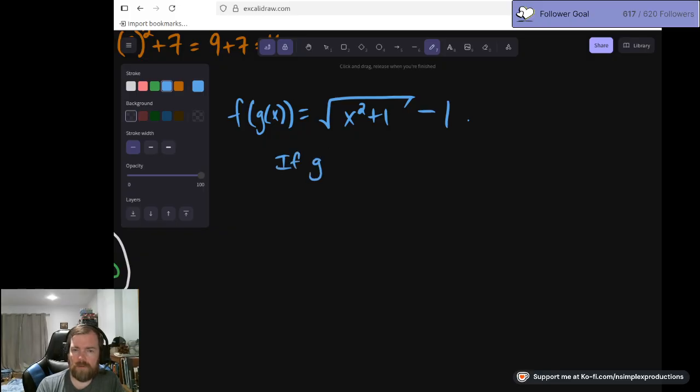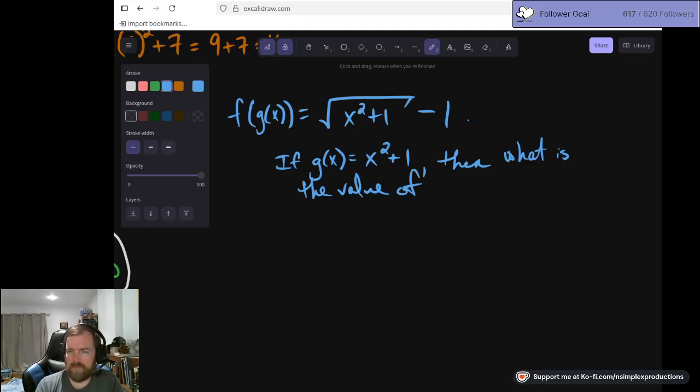Right, if g of x is equal to x squared plus 1, then what is the value of f of 4? Right, so this is reverse engineering the f function.